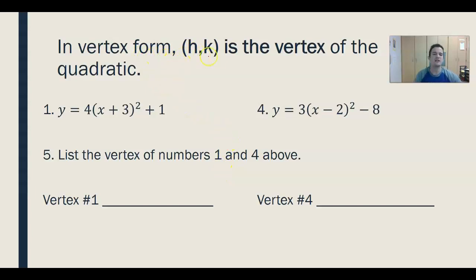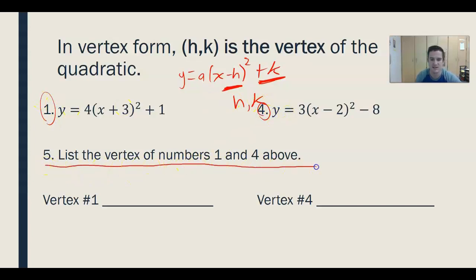So in vertex form, (h, k) is the vertex of the quadratic. Here was my vertex form: y equals a times (x minus h) squared plus k. So the vertex is going to be the opposite of the number in here, so h, and then the same as this number out here, so k. This was number 1 and number 4 from the previous slide. So this question says, list the vertex of numbers 1 and 4.